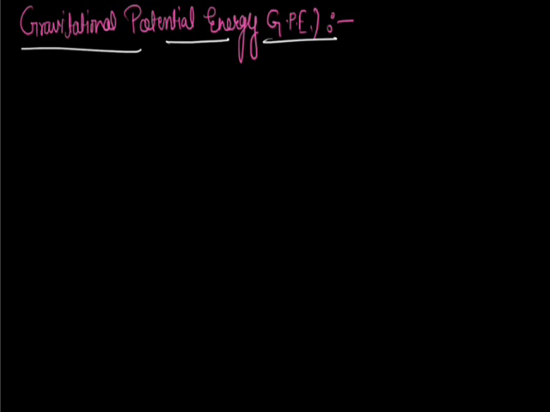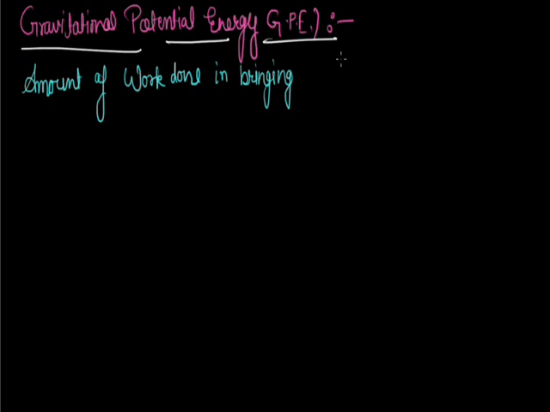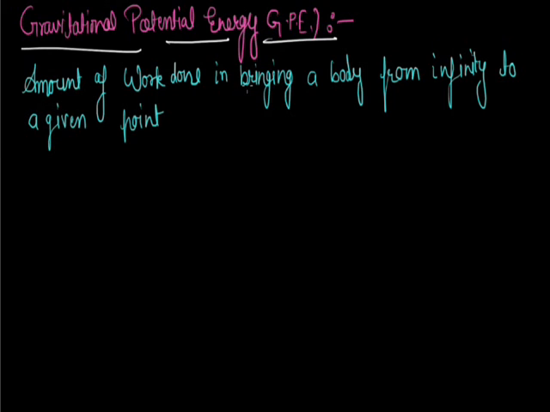Its proper definition we can write: it is the amount of work done in bringing a body from infinity to a given point in the gravitational field of the other.